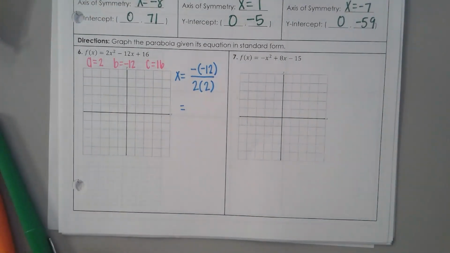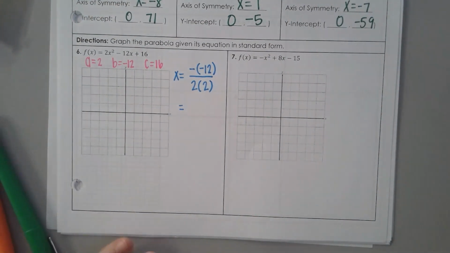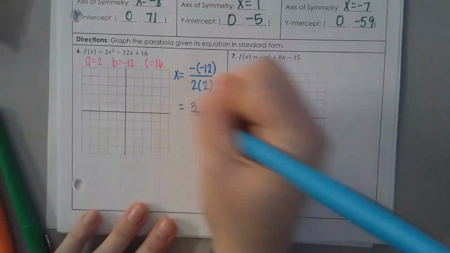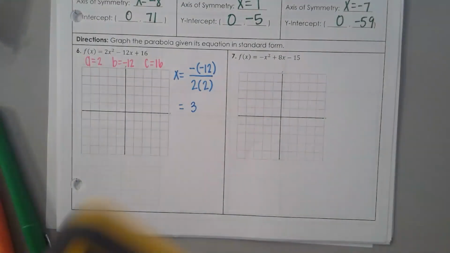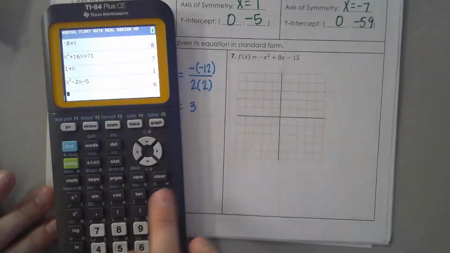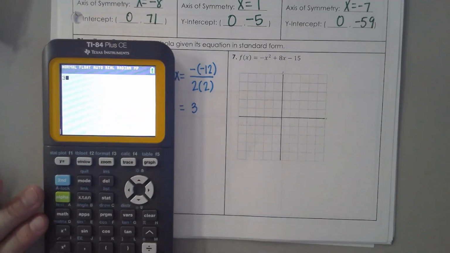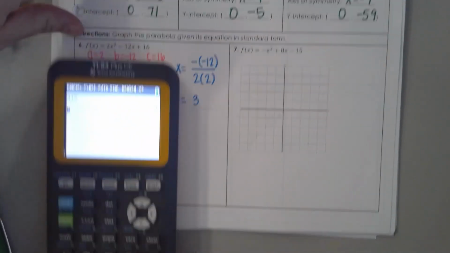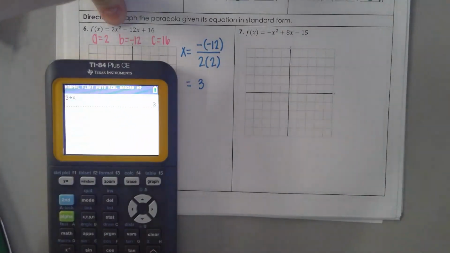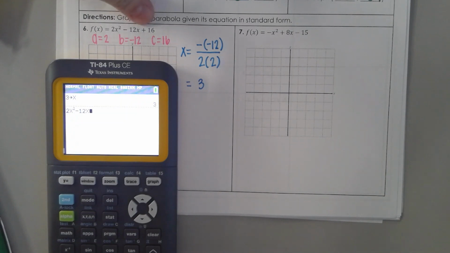Alright, what do we get for our x? 3. And then if I do 3 store x, I can type in 2x squared minus 12x plus 16.